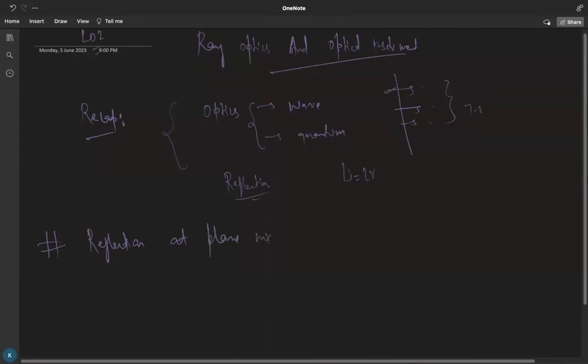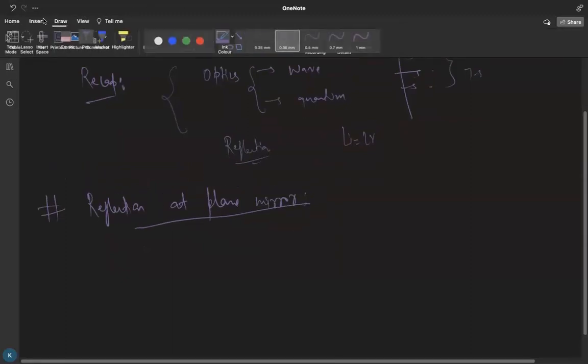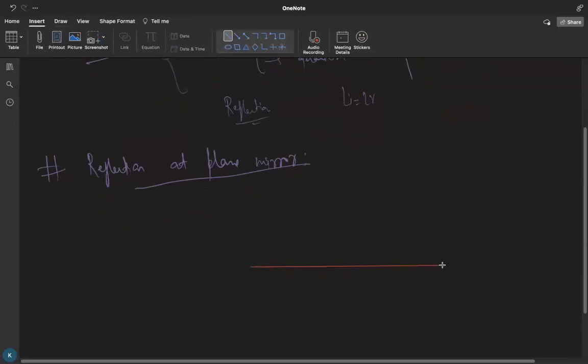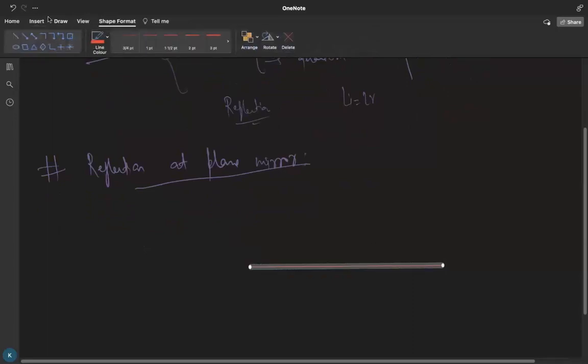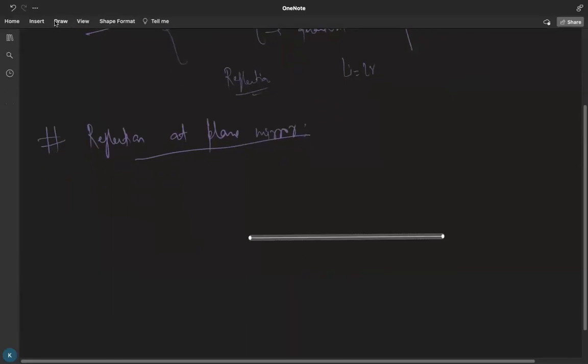So I hope you all are aware what a plane mirror is. Basically, what you call a shishe, the same thing, it is actually a plane mirror. So let me quickly draw the things. Let me take some red color as a surface, and white color as an incident ray.